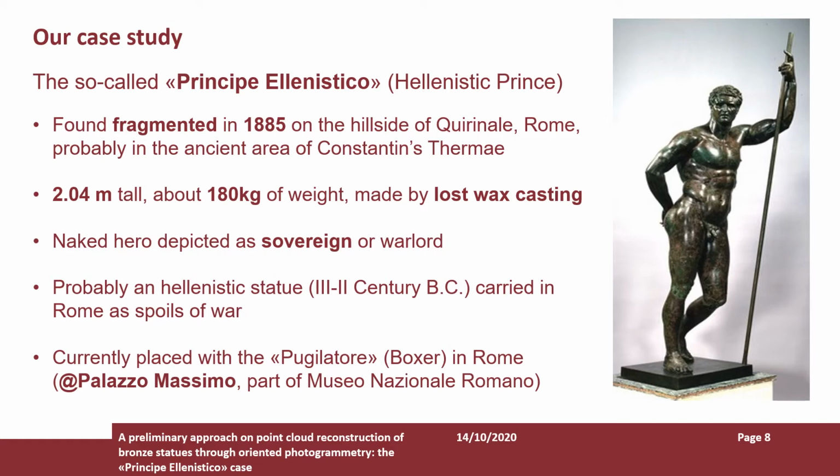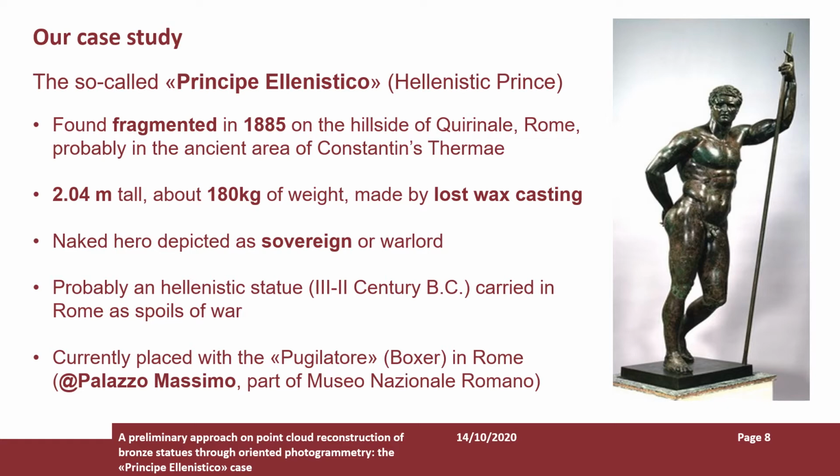It was found fragmented at the end of the 19th century on the hillside of Quirinale in Rome, probably in the area where the ancient Constantine Thermae were. It is a bronze statue made by lost wax casting, and it is more than 2 meters tall for about 180 kilos of weight.